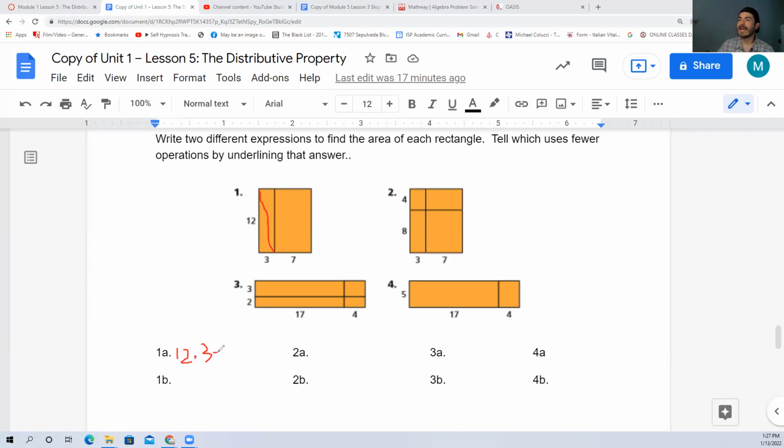And then I'm going to add 12 times 7. That's going to give me the next chunk. Or I can do it all in one go and say 12 times 3 plus 7, and I can add that first. Okay.